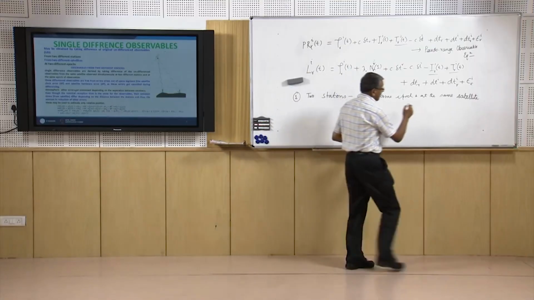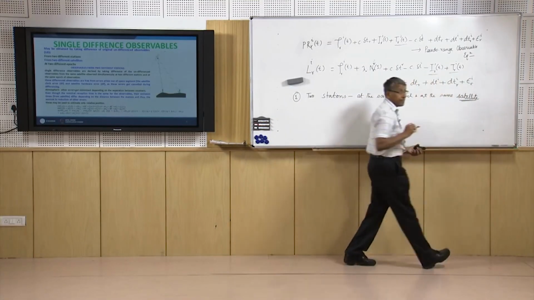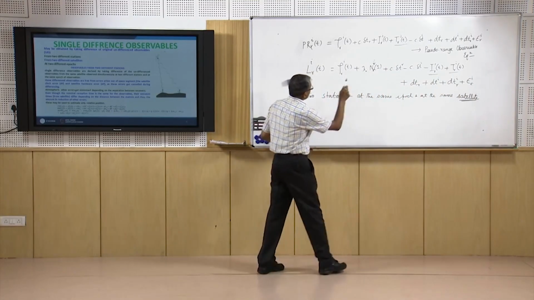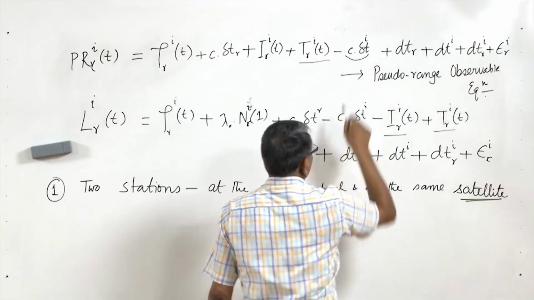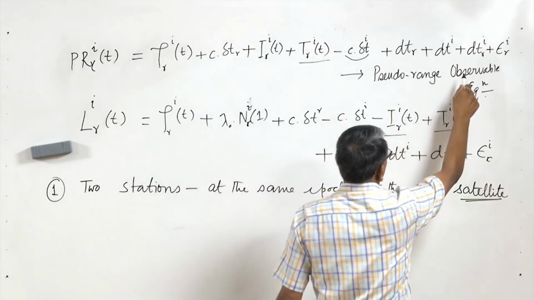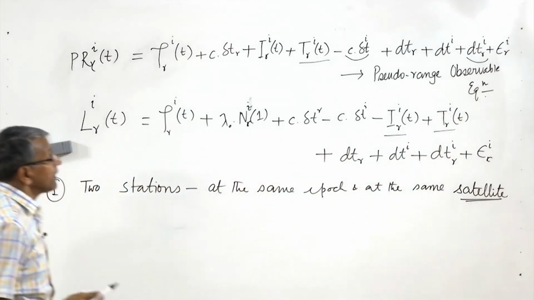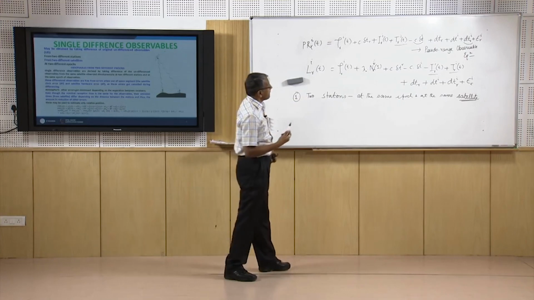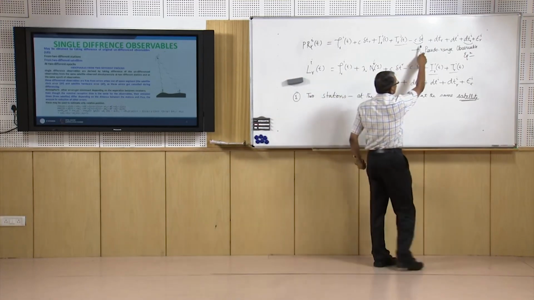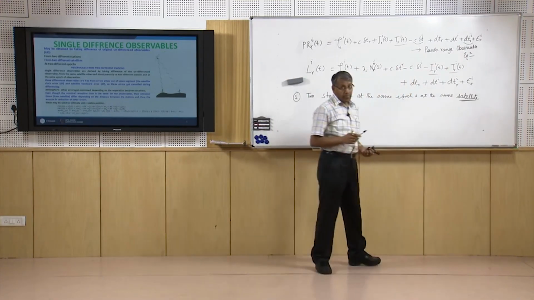When the observables are from the same satellite, it is expected that the satellite clock error and the satellite hardware error will be identical in both cases, and these will be minimized or removed.